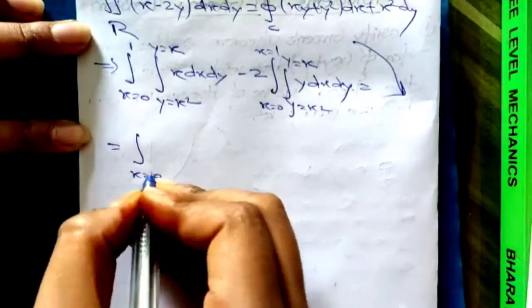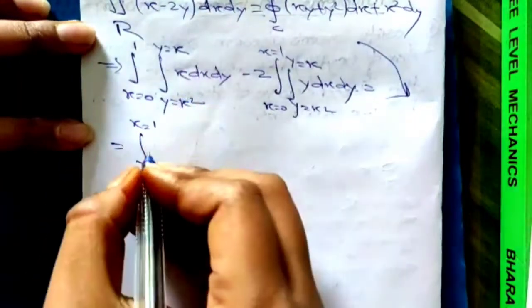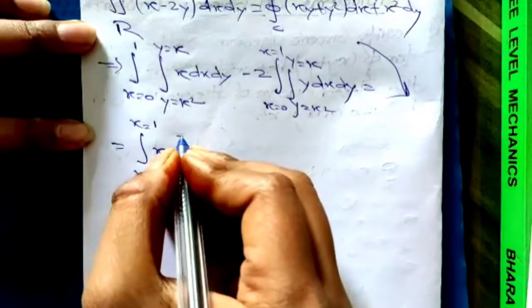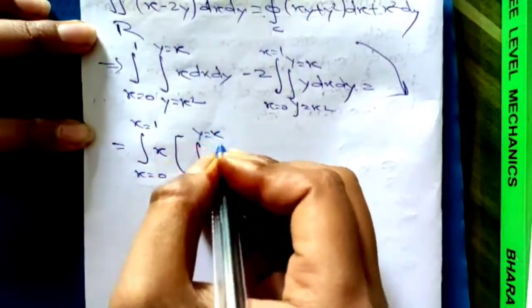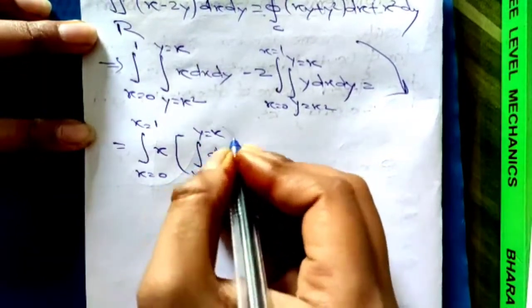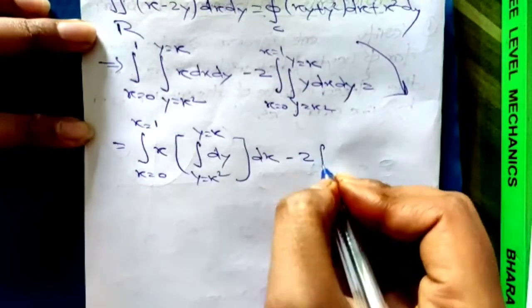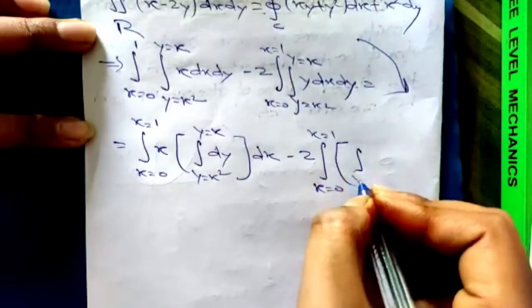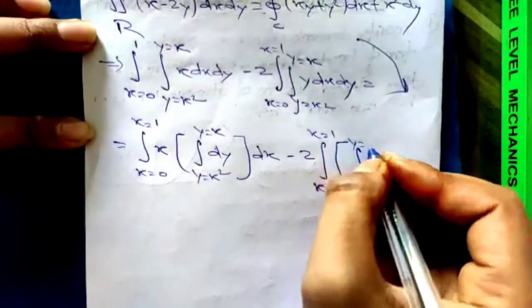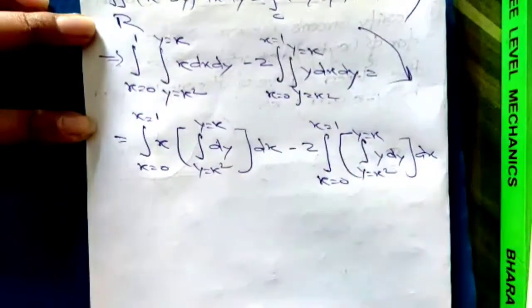Now let's solve the double integral. We are going to solve it for y first. So the integral with y from x square to x, dy, we can write it like this, minus 2 times the integral, x from 0 to 1, of the integral with y from x square to x, of y dy dx.